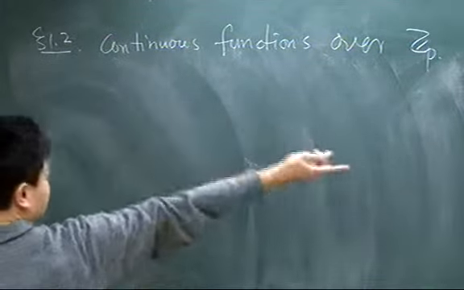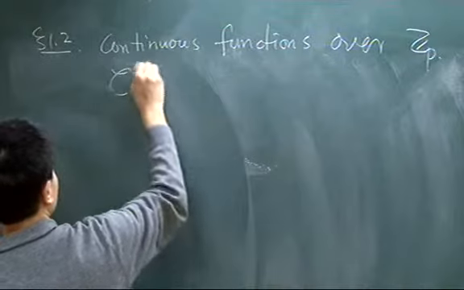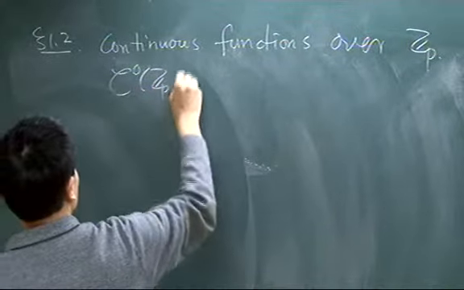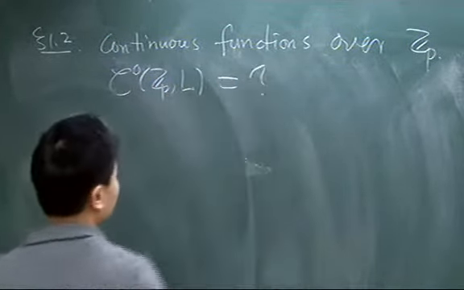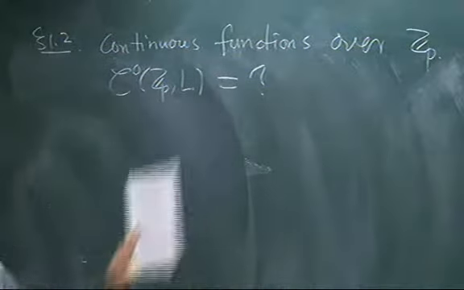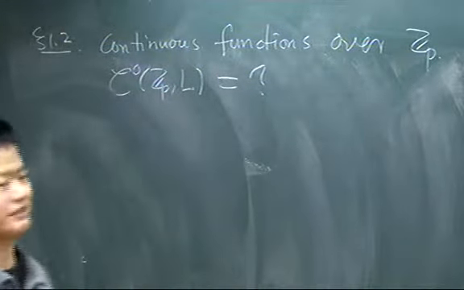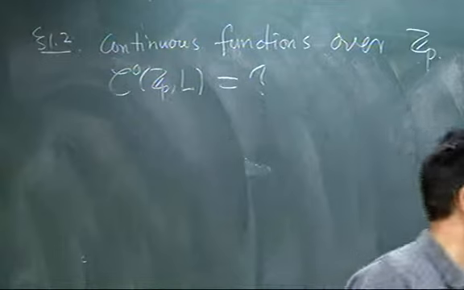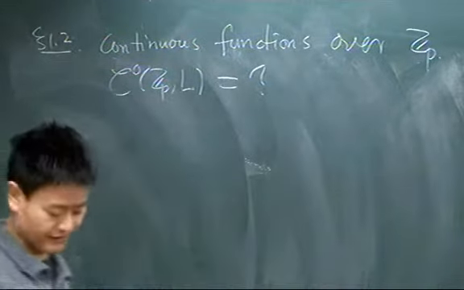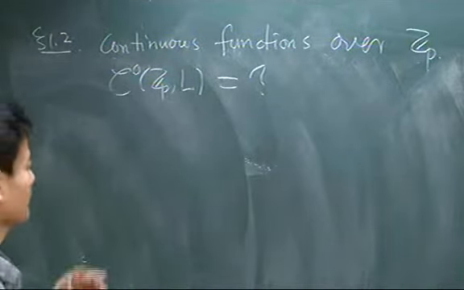What I said is that we need to study this. At least we want to find a basis for this, and if it is also orthonormal, that's the best. This is what we want to study.